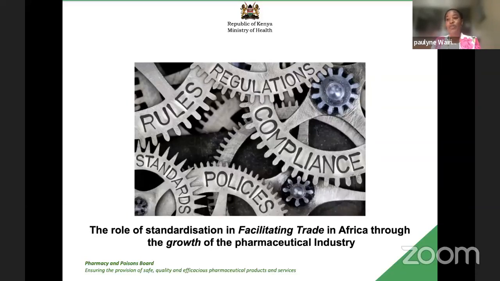For example, during the COVID-19 pandemic, we did have to consider out-of-the-box policies to safeguard and provide necessary products: COVID vaccines, in vitro diagnostics, personal protective equipment. We saw the need to adapt and have agility in regulatory decisions and policies put in place to respond to the demand of the public.